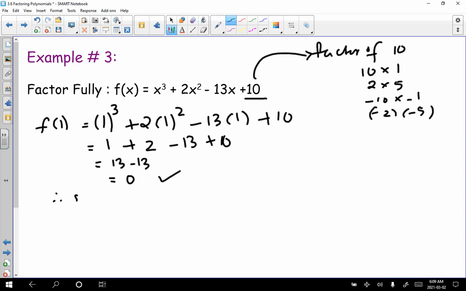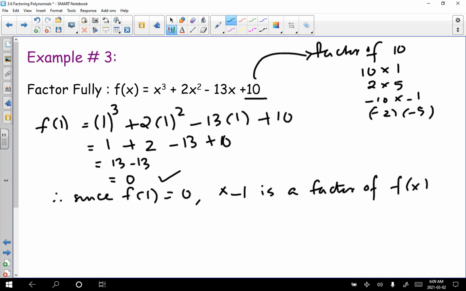Therefore, since f of 1 equals 0, x minus 1 is a factor of f of x. How does that help us? We are asked to factor fully. So we know that at this point, our f of x equals x minus 1 times something, and we need to find the other factors.